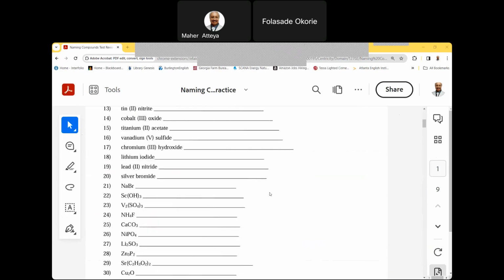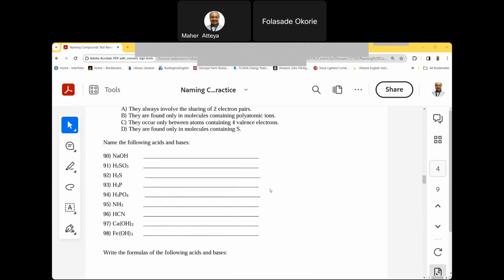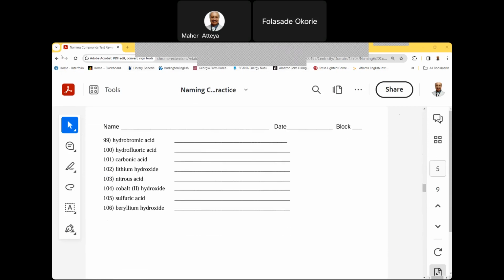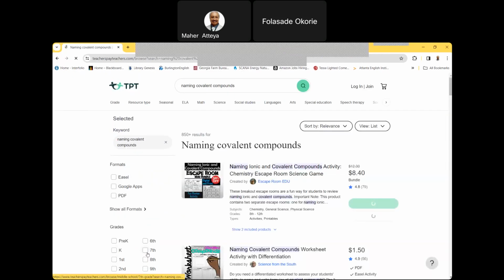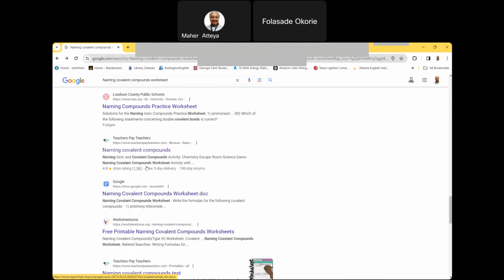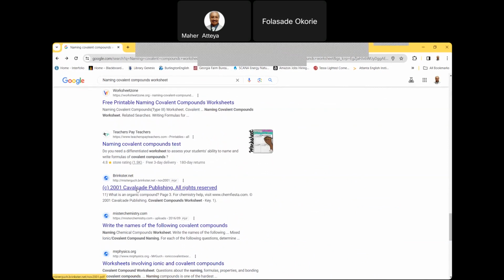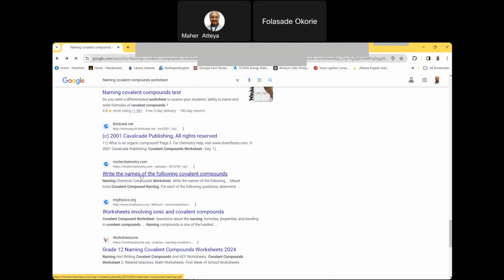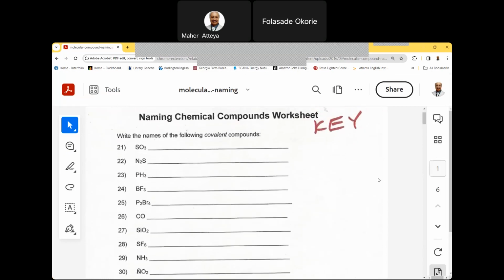Okay. Now we did that for the ionic. Unfortunately, all those are ionic. I need to do some covalent. Yes, there is a key, but we are not looking at the key. So choose any of those you like.